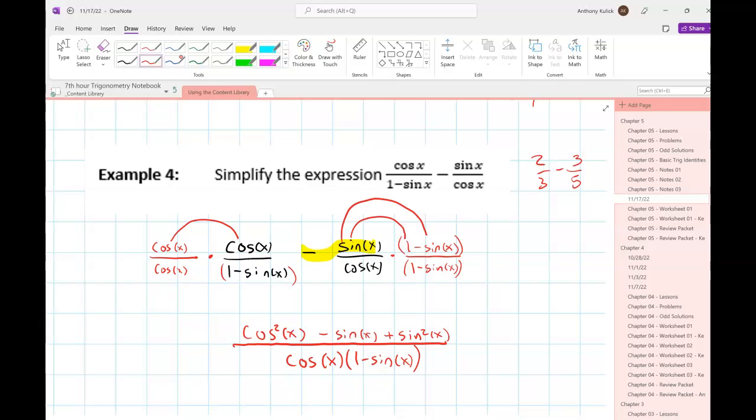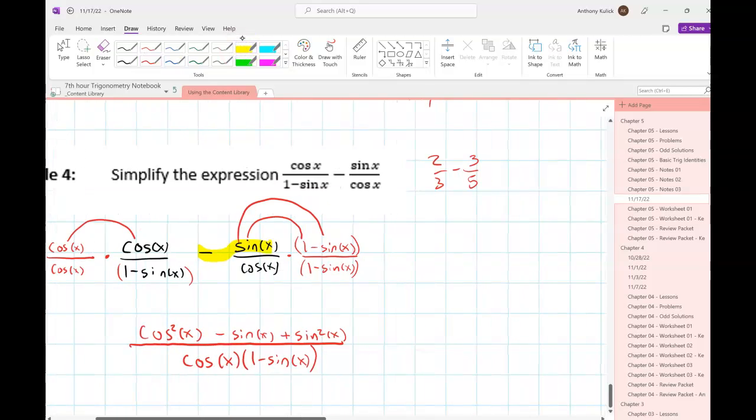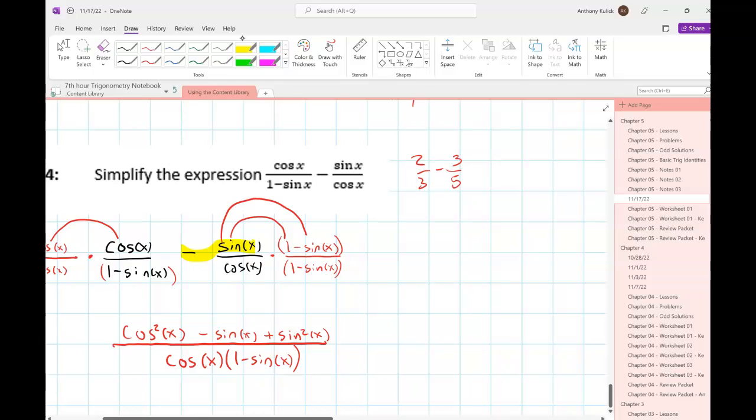All right, let's look at the numerator then. We've done our algebra thing. Are there any like terms to combine in the numerator? Nope. Okay, well, let's look for an identity then. What do you see going on up there? What identity should we be looking at? Do you see things that are squared? They're being added or subtracted? Pythagorean, exactly. Which one?